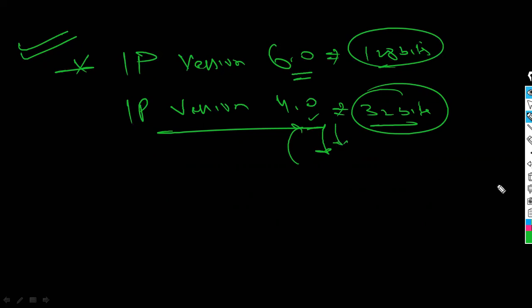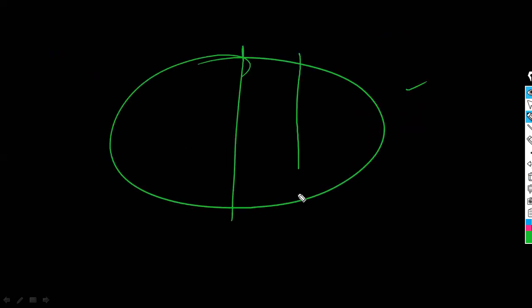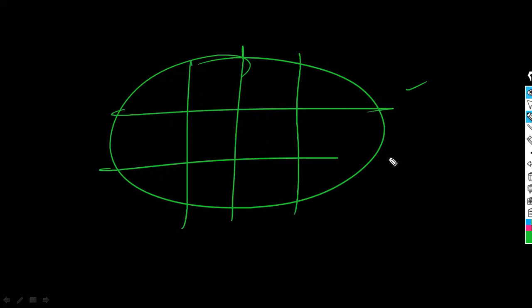So whenever we divide a network into multiple small networks, right? This small network is basically known as a subnet of a network, and the technique is known as subnetting.